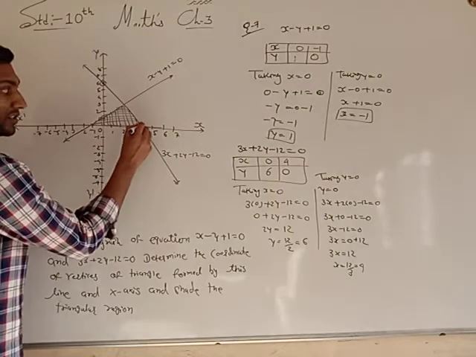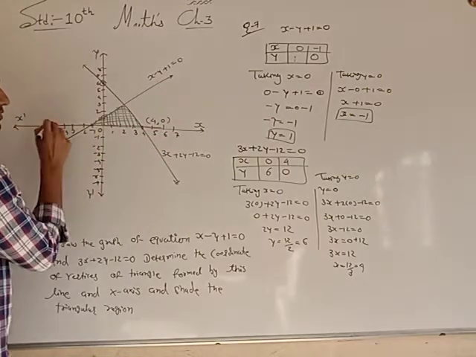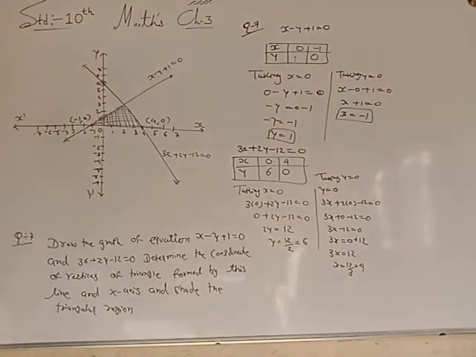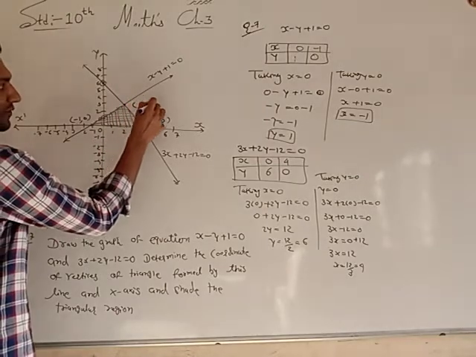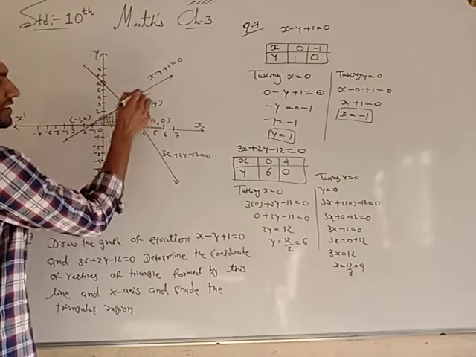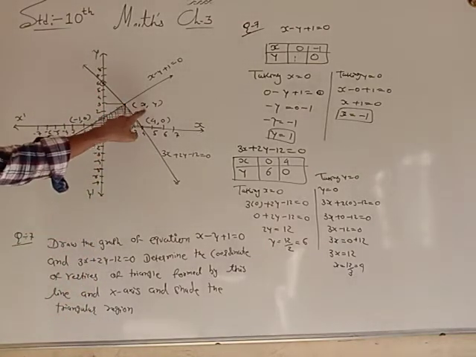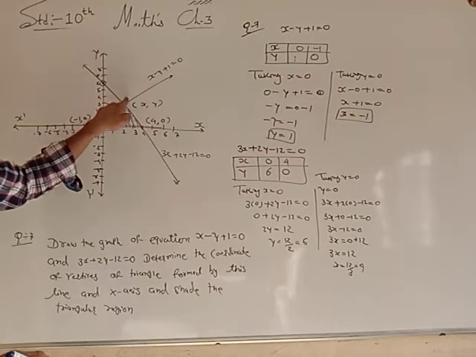The coordinate of this point is x is 4, y is 0. The coordinate of this point is minus 1 and 0. And this one you do yourself. What is x and what is y? Find it. If you draw it in your book, then you will get the values of x and y. These vertices are for you.